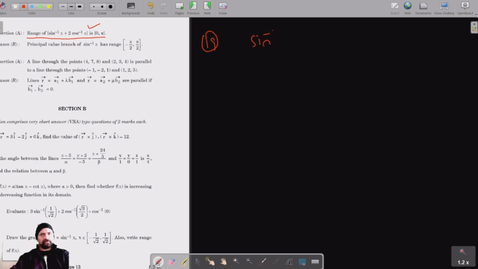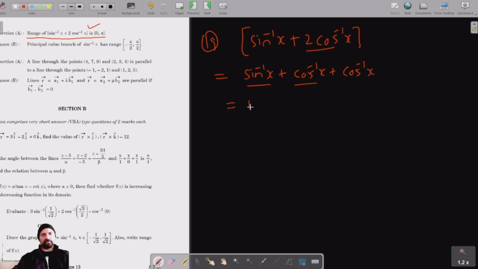It's given that sine inverse x plus 2 cos inverse x has the range 0 to pi. So this is equal to sine inverse x plus cos inverse x plus cos inverse x. Now sine inverse x plus cos inverse x is pi by 2, and the range of cos inverse x is 0 to pi.